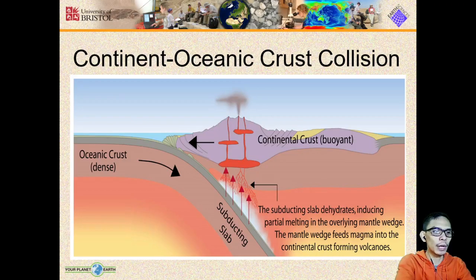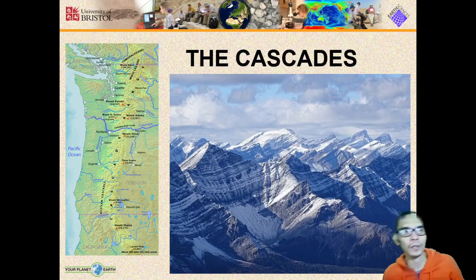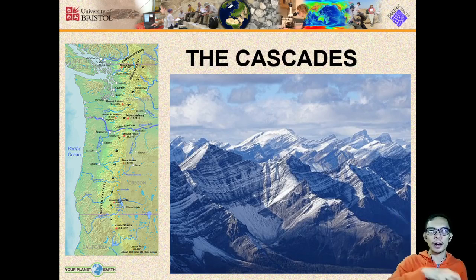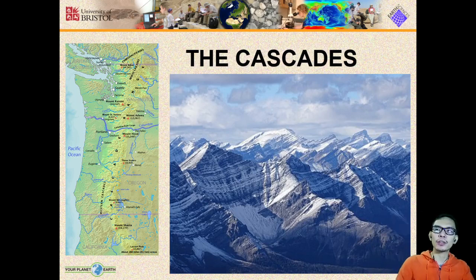Okay, let's go back to our slide. Alright, so that is the continent to oceanic crust collision. Examples of where we can find this continent-oceanic crust collision: the Cascades. The Cascades are very good examples of continent-oceanic crust collision. So these mountains that you have right here have volcanoes.